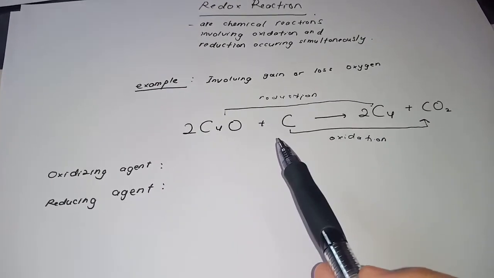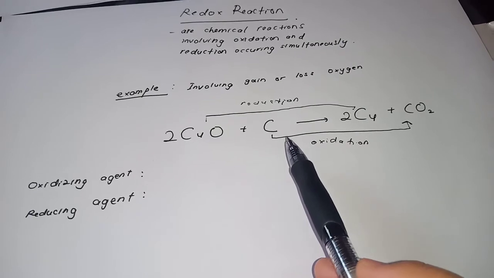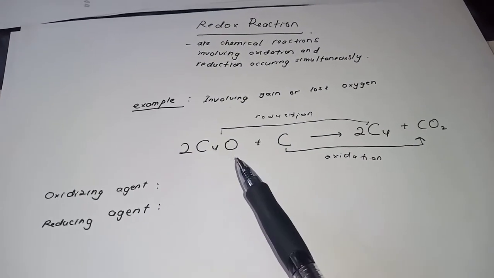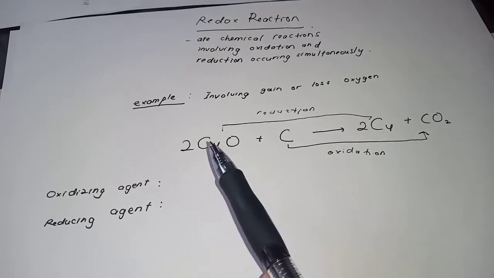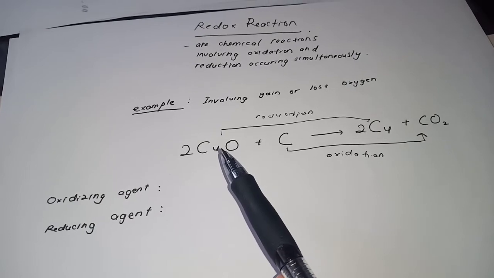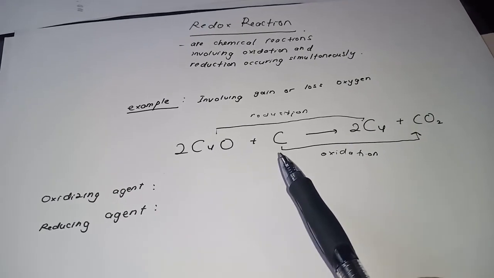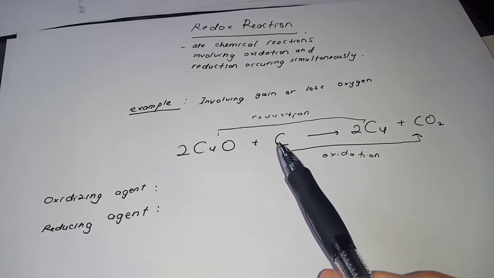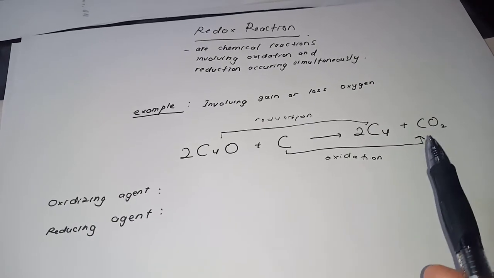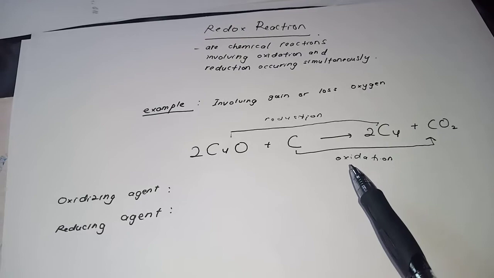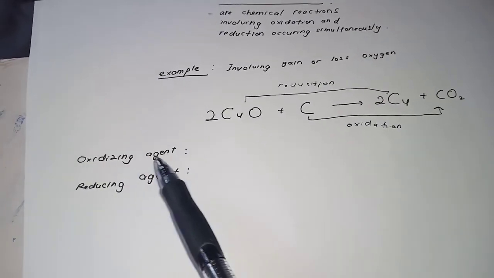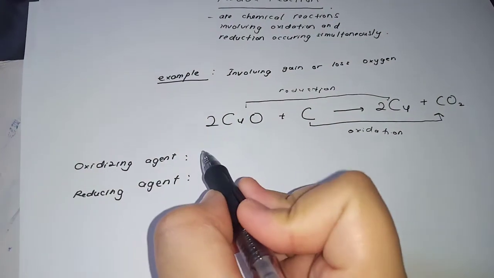You can see that carbon undergoes oxidation because of copper 2 oxide, because copper 2 oxide gives its oxygen to carbon, so carbon becomes carbon dioxide. When carbon gets oxygen, there is oxidation. So oxidizing agent is copper 2 oxide.